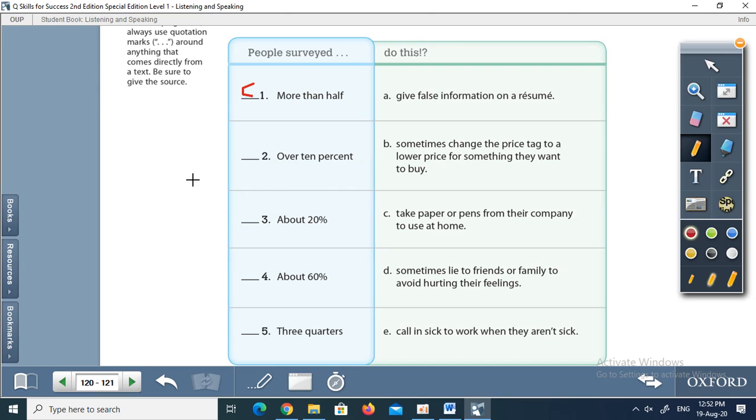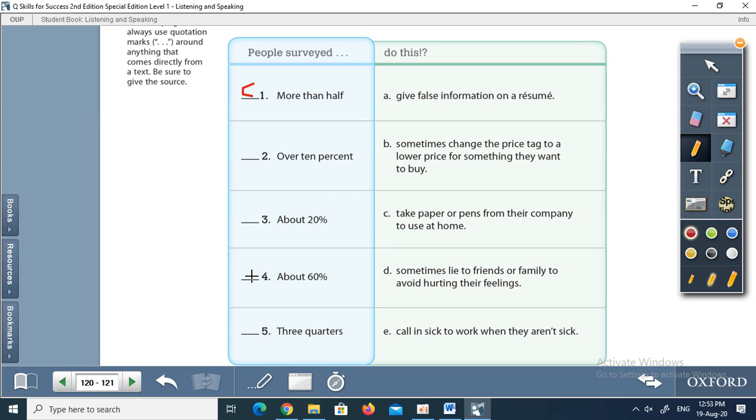Number 3, about 20% give false information on a resume.